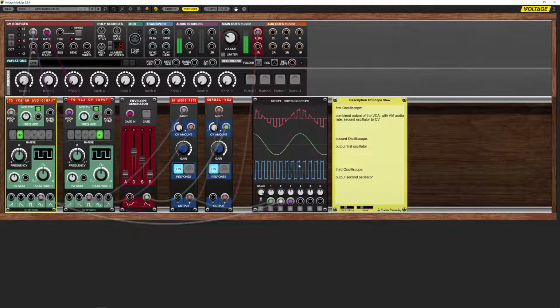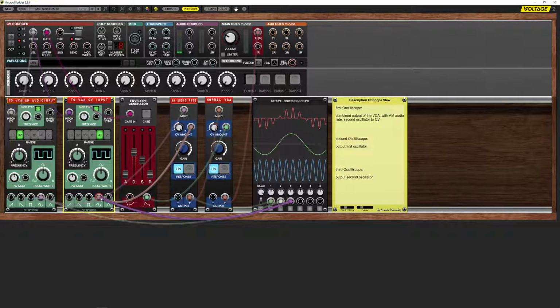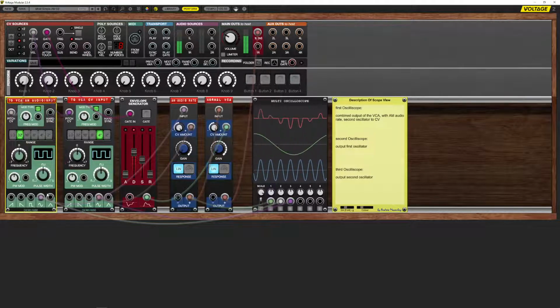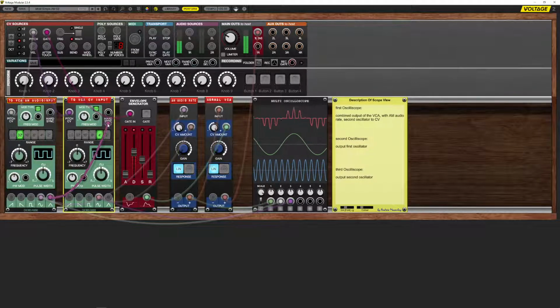Although now 2 sine waves. That is not a good idea.